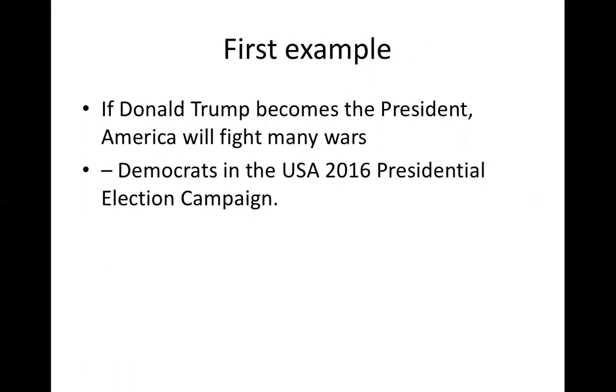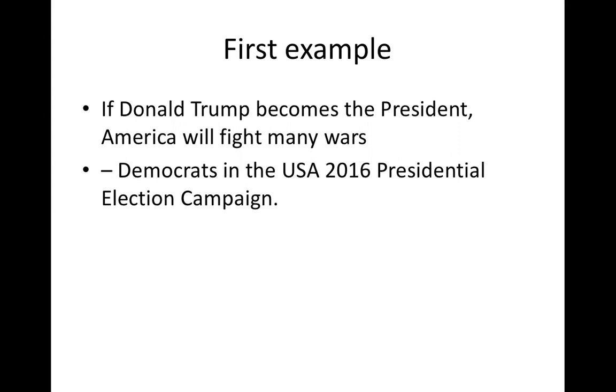First example, if Donald Trump becomes the president, America will fight many wars. This was what the Democrats were saying in the USA 2016 presidential election campaign. So eventually that didn't happen. So it is a fallacy of slippery slope.